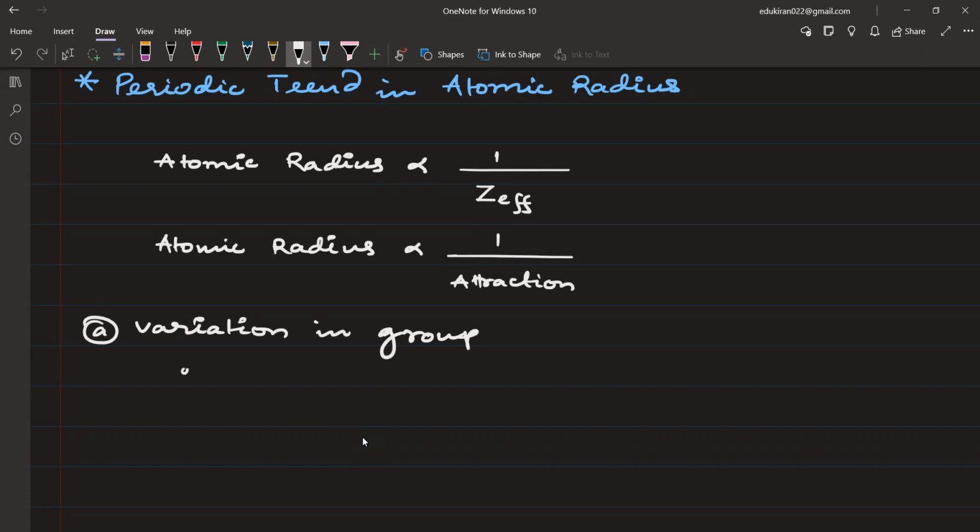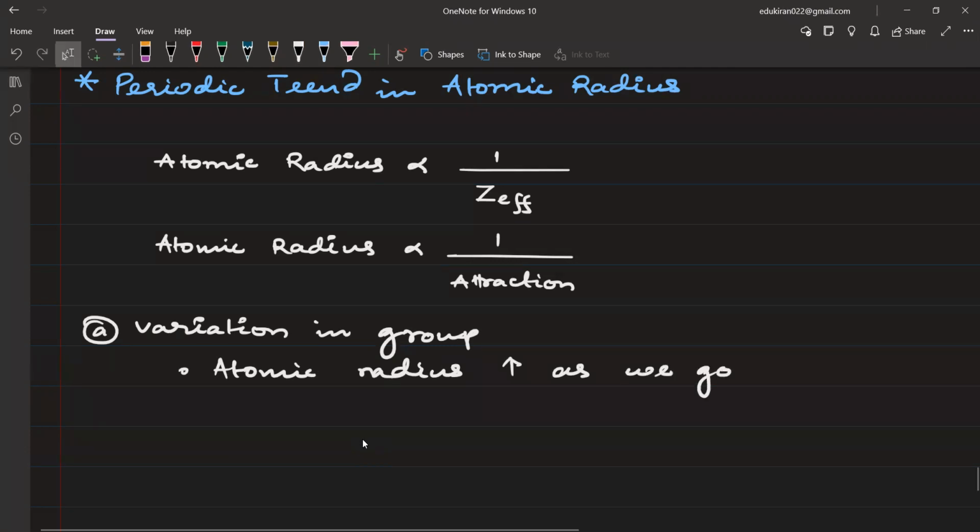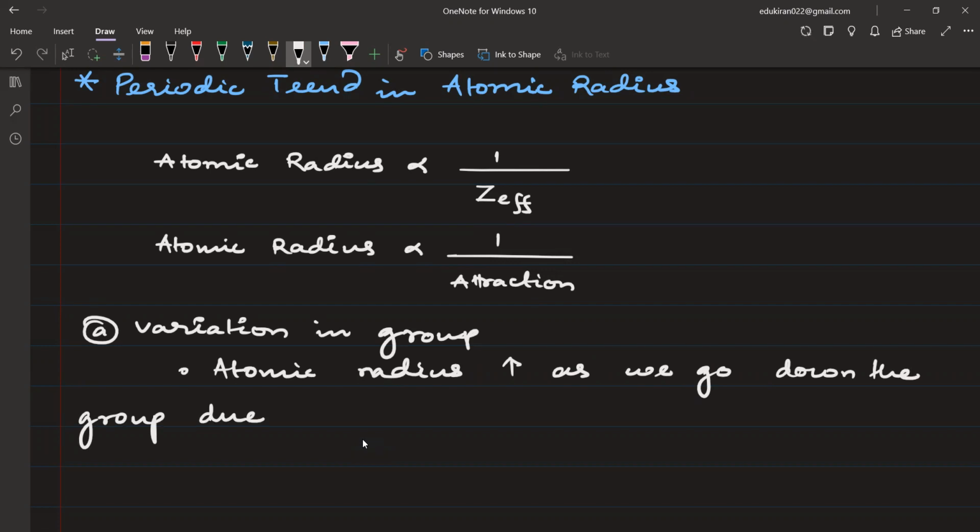We'll write here: atomic radius increases as we go down the group, due to increase in the shell number, right?